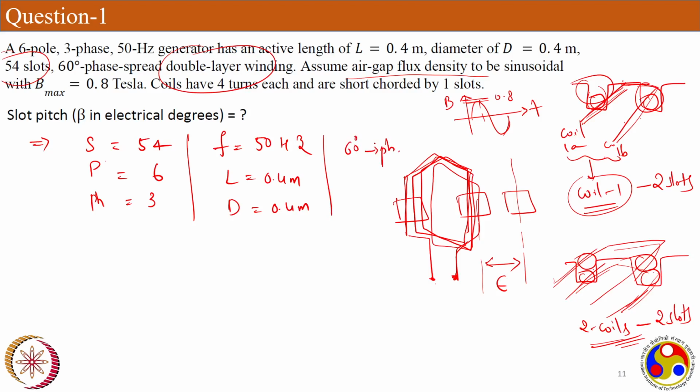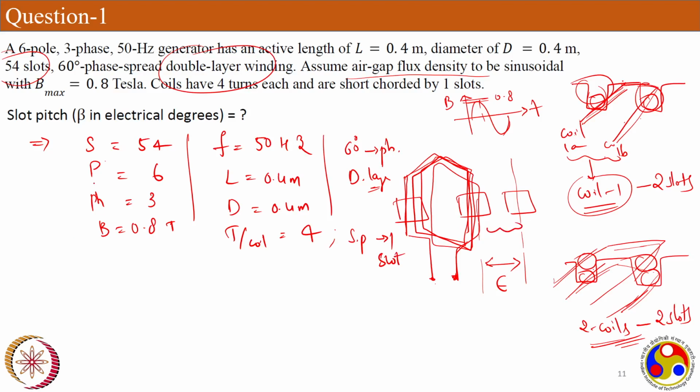Phase spread means how much angle each phase is taking. Here it is 3 phase, so each phase is spreading across 60 degrees. And it is a double layer winding. B equals 0.8 Tesla, and turns per coil equals 4 turns, and it's short pitched by one slot. So we have mentioned that here.